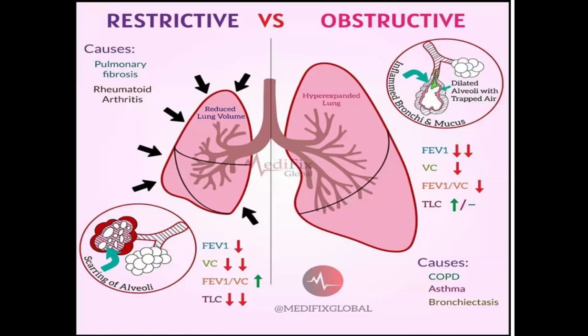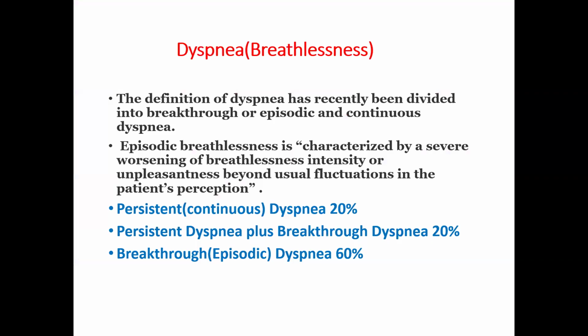And this is just basic information comparing restrictive versus obstructive lung disease here. So we're going to talk about some of these symptom burdens. The most important one is dyspnea, or what we call breathlessness. The definition has recently been divided into breakthrough and episodic.